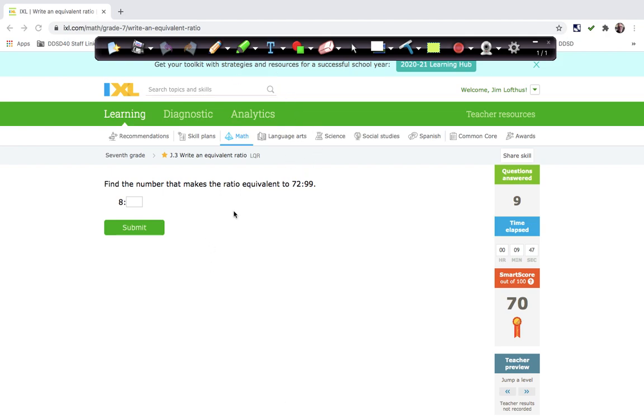Now, this is a very challenging one if you don't have a proportion, but with a proportion, it'll solve it pretty simply. 72 over 99 is equal to 8 over, we'll just say m.